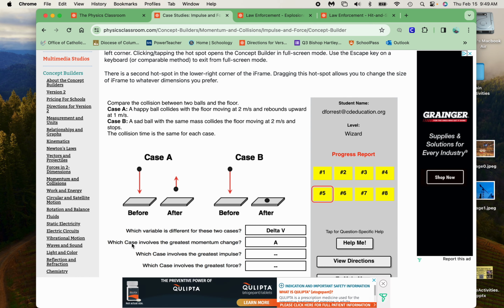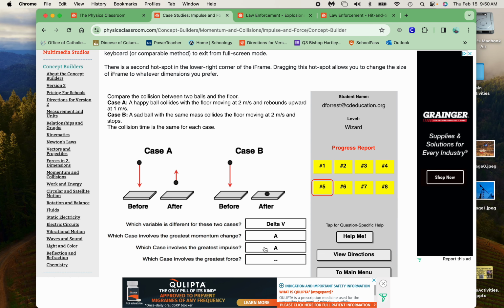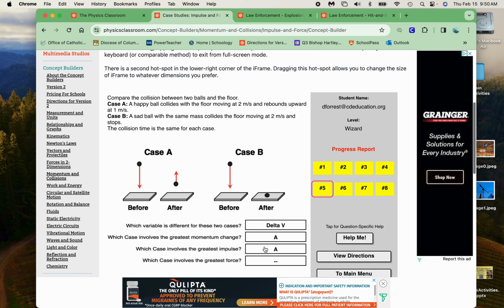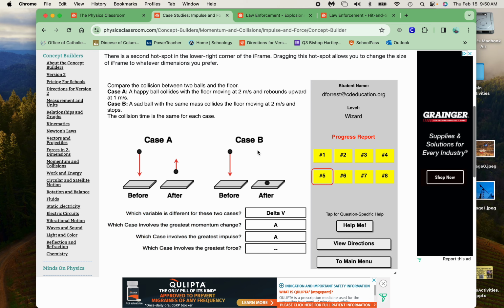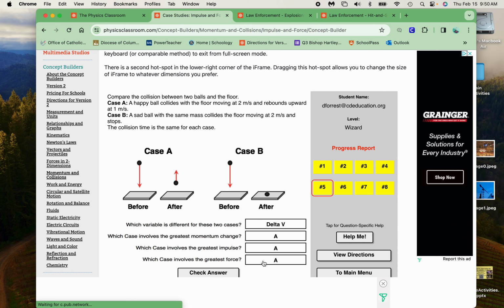Once you think pretty carefully and get the greatest momentum change, the impulse change will always be the same, because by definition, impulse is a change in momentum. So in this case, which involves the biggest force? Well, if you remember your general equations, Ft equals m delta V. If the time is the same, the delta V is bigger for A, and masses are the same, so then we're going to have the greatest force in A as well.